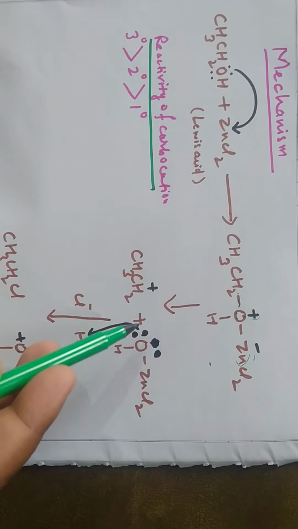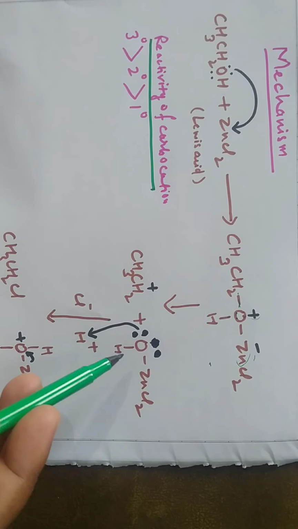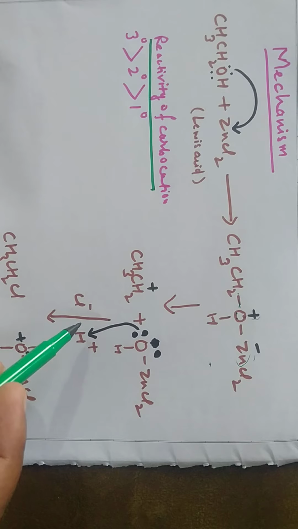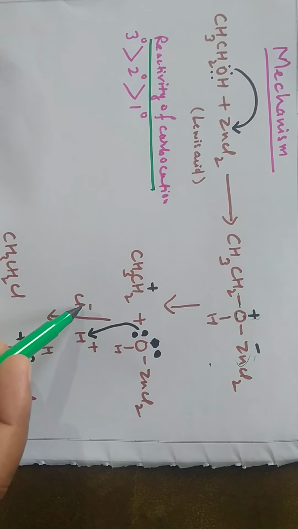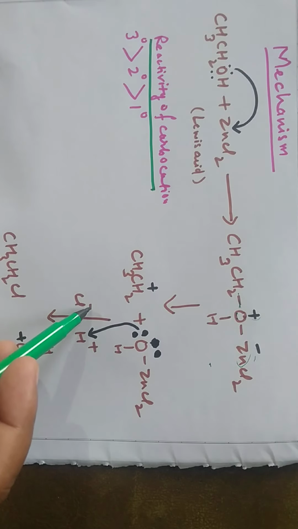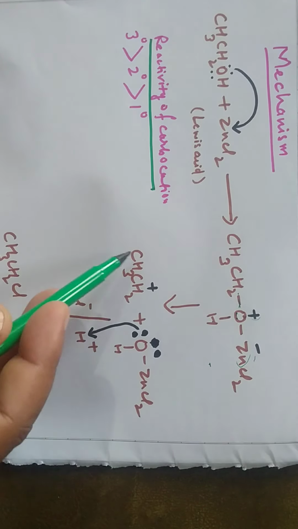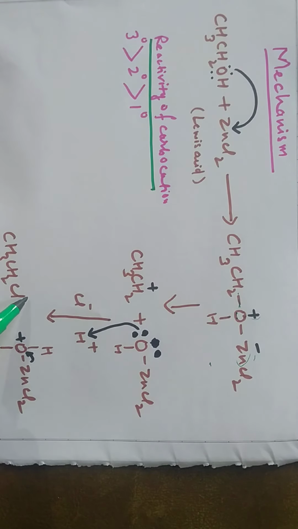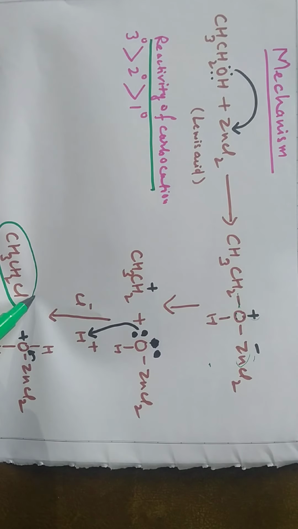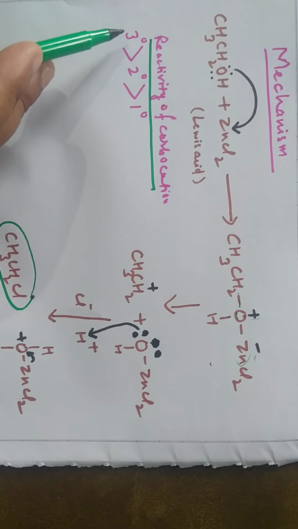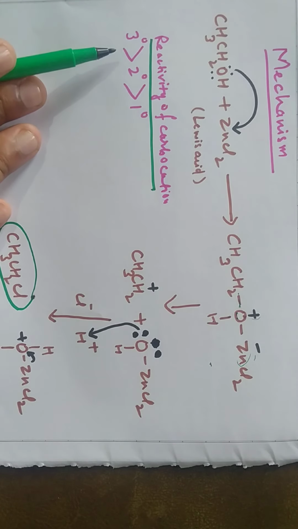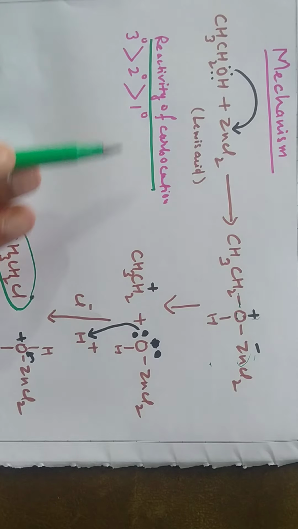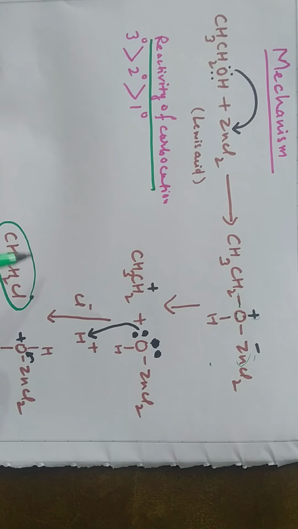Now after the formation of carbocation, the role of HCl. HCl will break up into H plus and Cl minus ions, and this Cl minus will react with the carbocation to form alkyl chloride. And you know that 3 degree is most stable. So which one will react faster? 3 degree, of course. So 3 degree will form tertiary chloride.